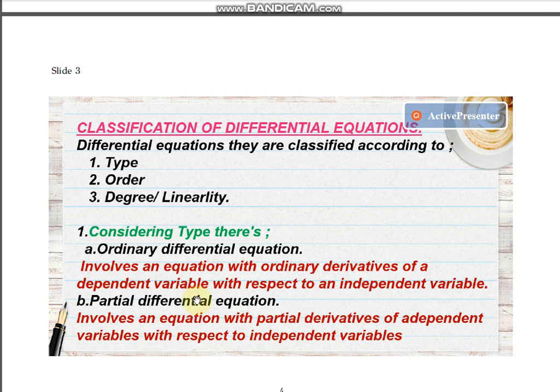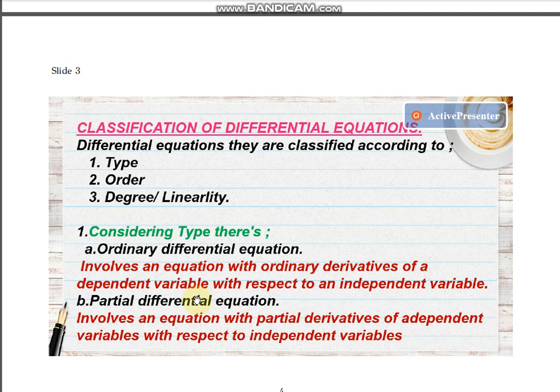These three considerations are of great importance when it comes to classifying differential equations. One, considering type, there is the ordinary differential equation. That's type number 1. This kind of differential equation involves ordinary derivatives of a dependent variable with respect to an independent variable.